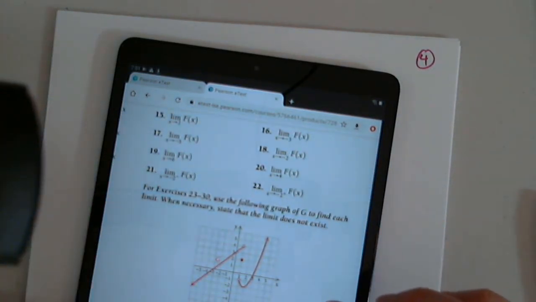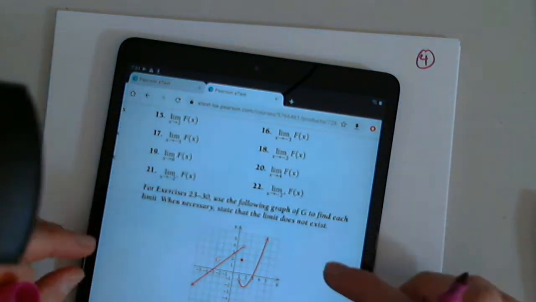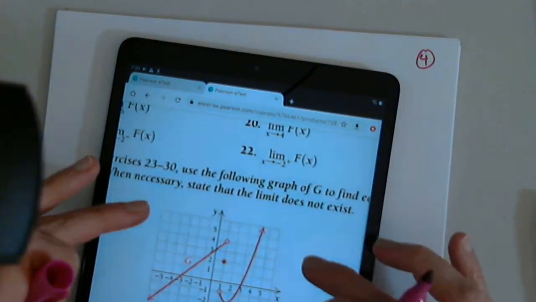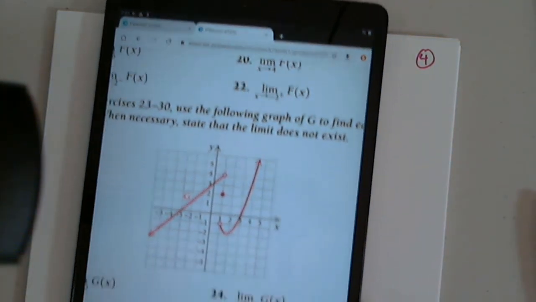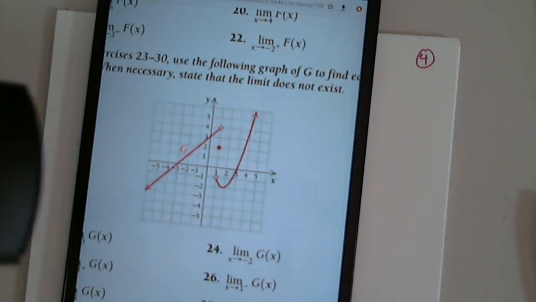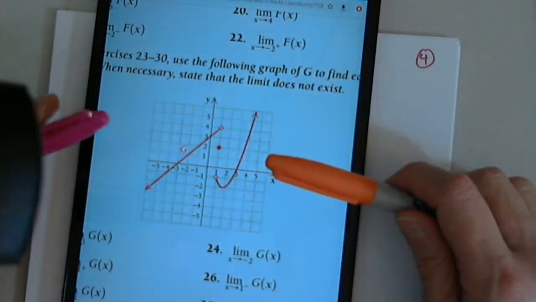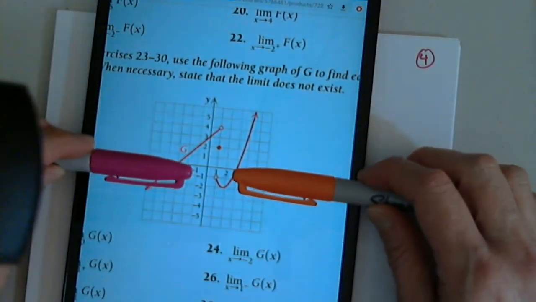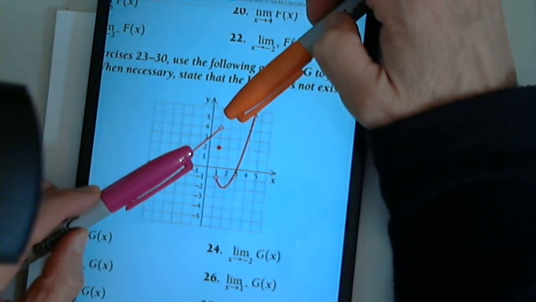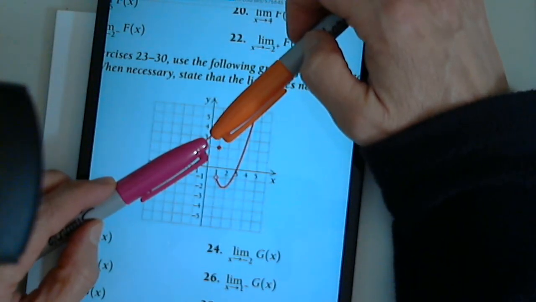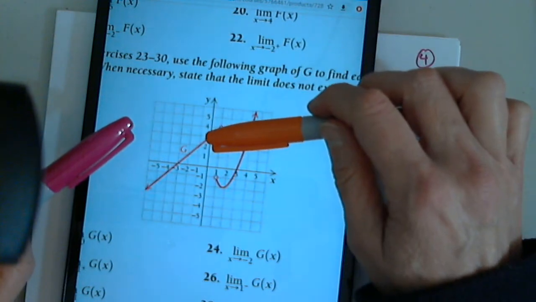The limit from either side of 0. So can anyone tell us the limit from either side of 0? That's 23. 3. Very good. As x approaches 0 from either side, I look at the function, and the function values get closer and closer to the height of 3.